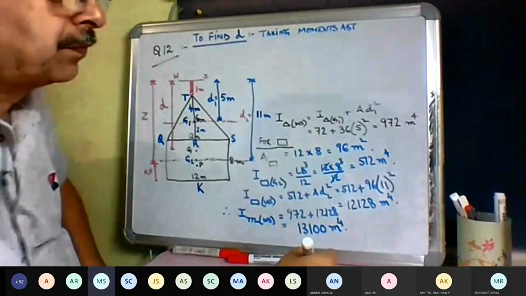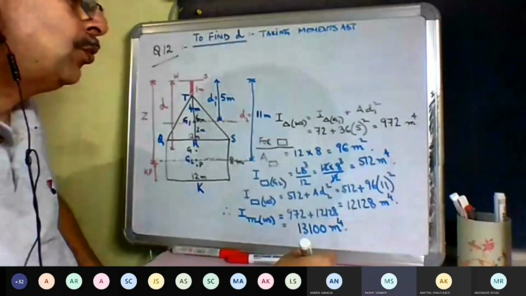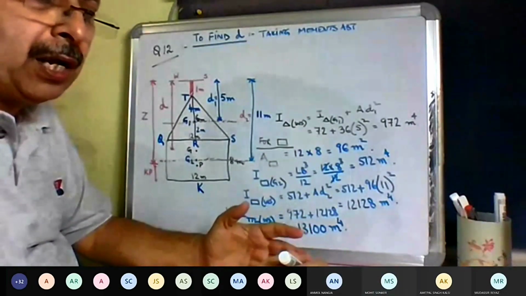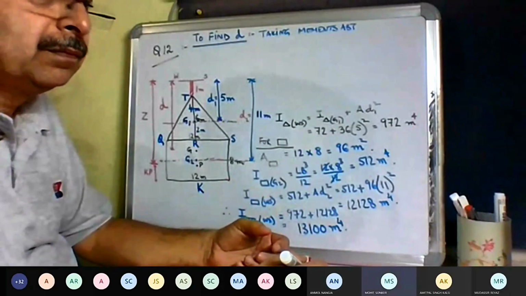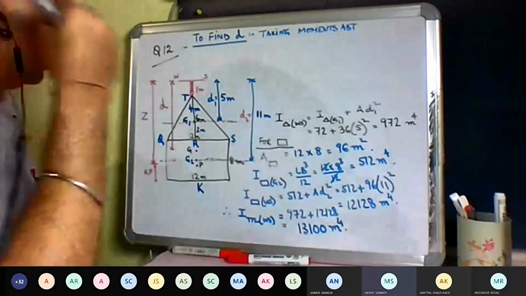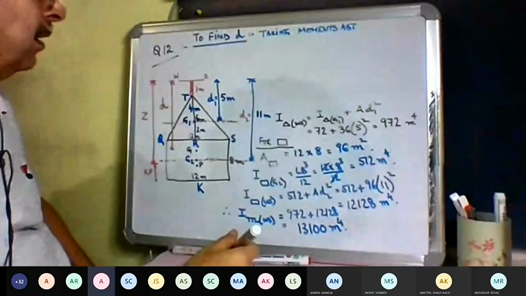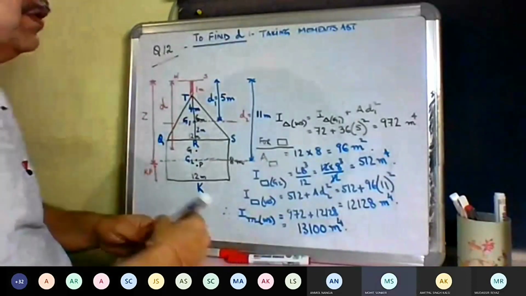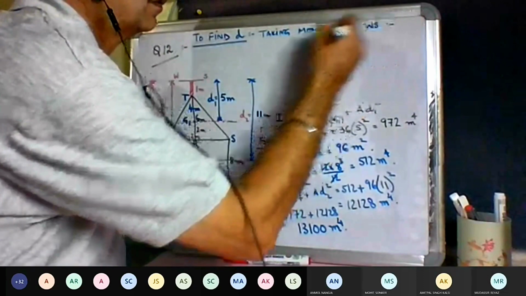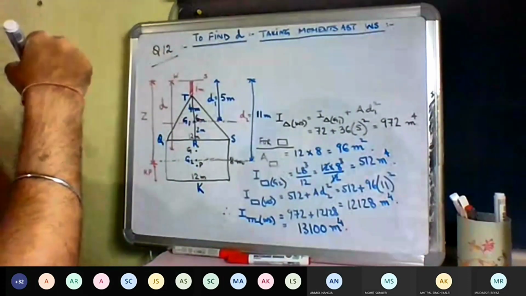I should take moments about the same point from where I need to measure the answer. I need to measure D from the water surface. So I'll take moments about the water surface. Is that okay?